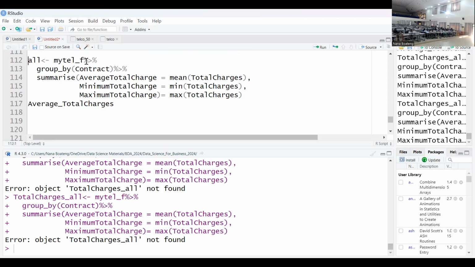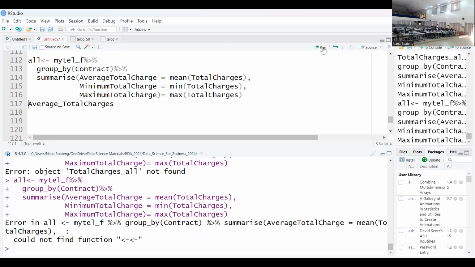Let's do it all and see. I don't know why it's giving me an error. So we have this group by contract, summarize.